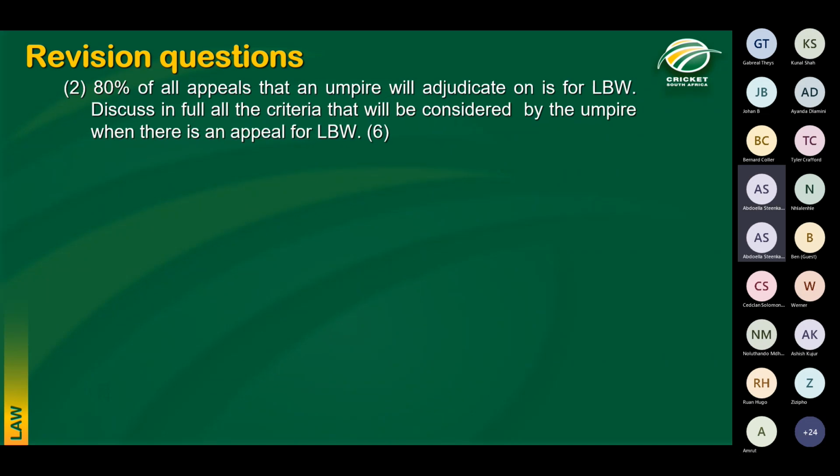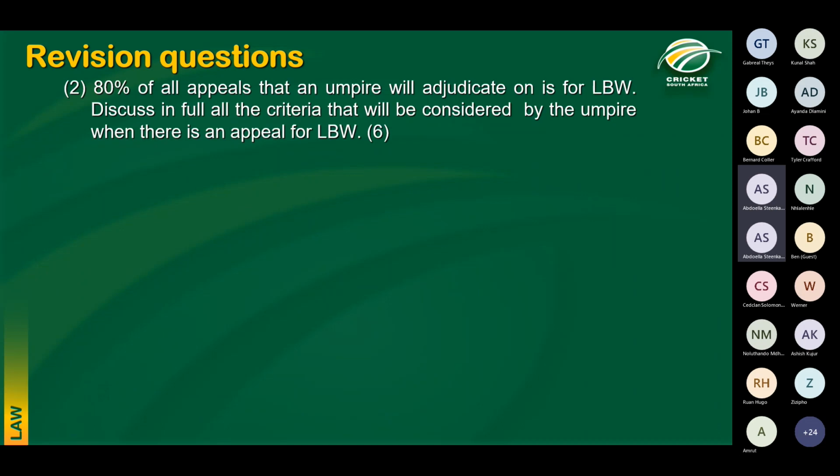Next question. In any match, actually 80% of all appeals on any given day are for LBW. That's why it's so important that you have a good grasp and know your LBW law very well, because most of your appeals on any given day at any level are for LBW.